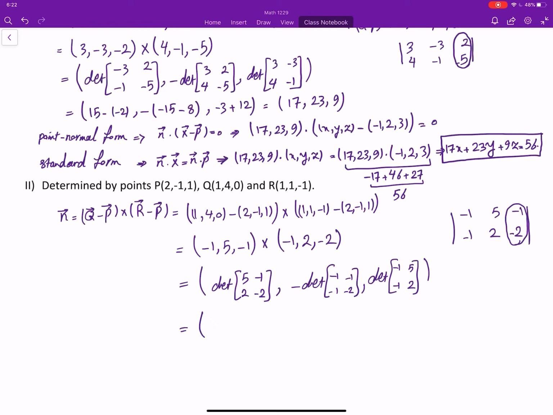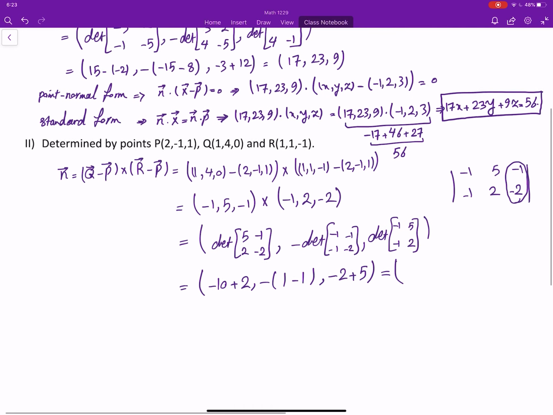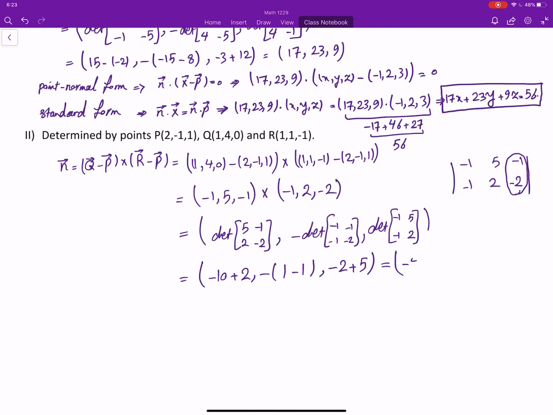So this gives us -10 plus 2, minus (2 minus 1), and -2 plus 5. Well, just easy simplifications here.